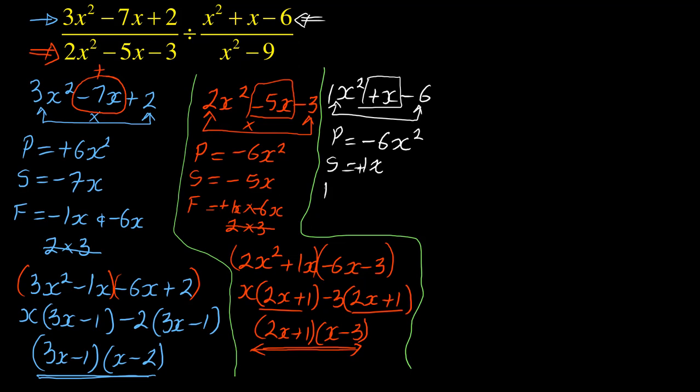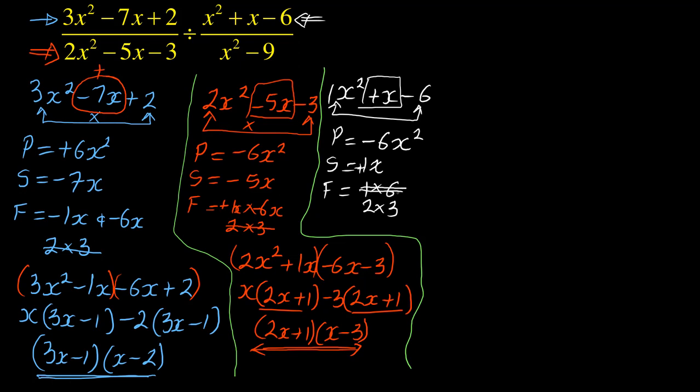The next thing is to look at the factors again. The factors of 6 are 1 times 6 and 2 times 3. So when I multiply, I must get a negative, and when I add, I must get a 1. To get a negative, one of the factors must be negative, and when I add those two factors, I must get a 1. So between 1 and 6, I cannot add and get a 1.